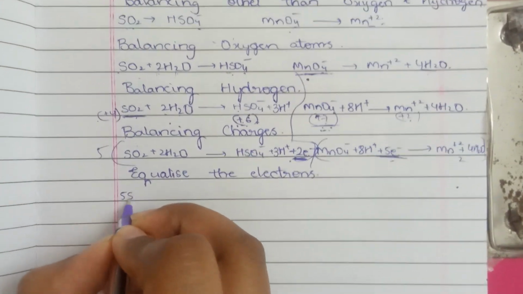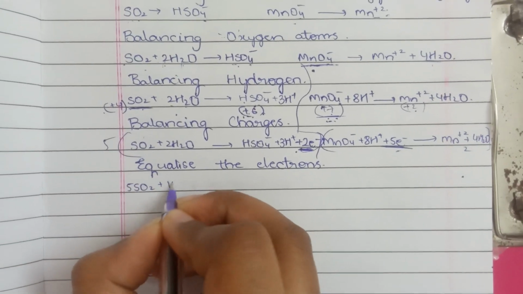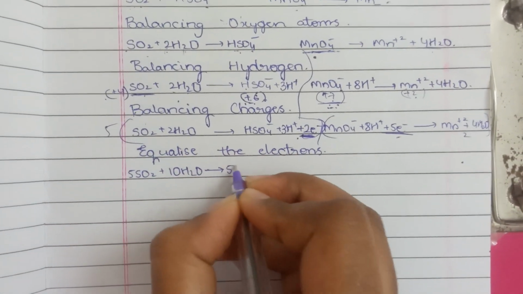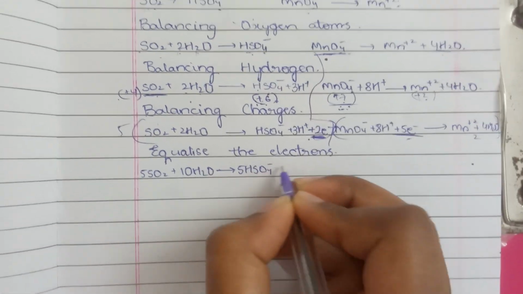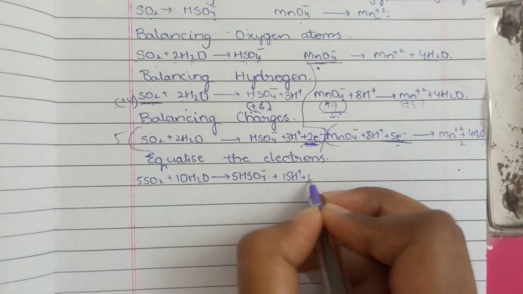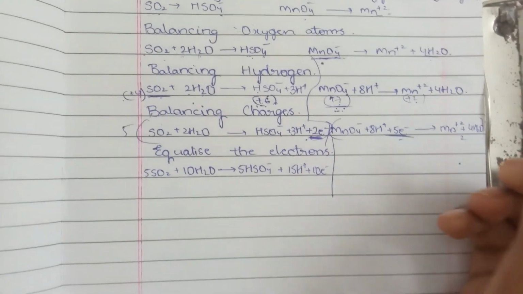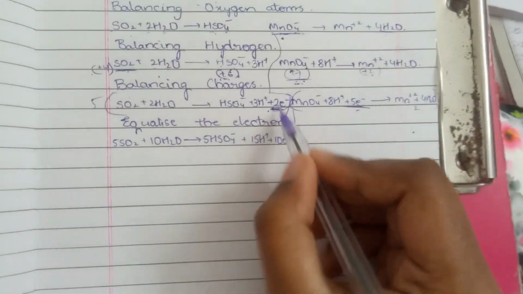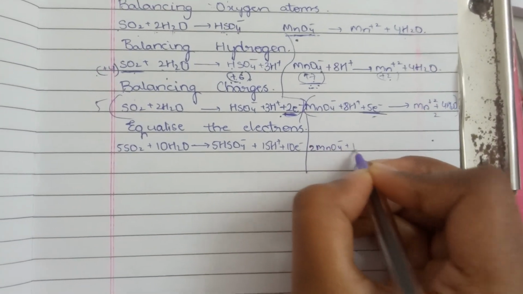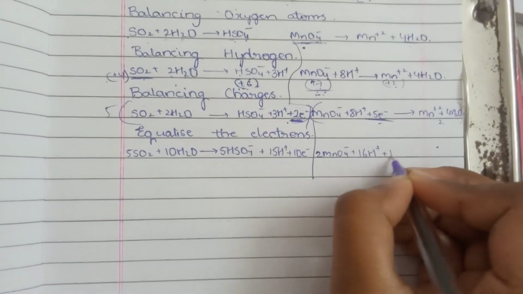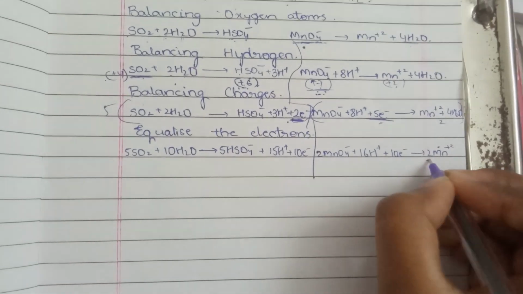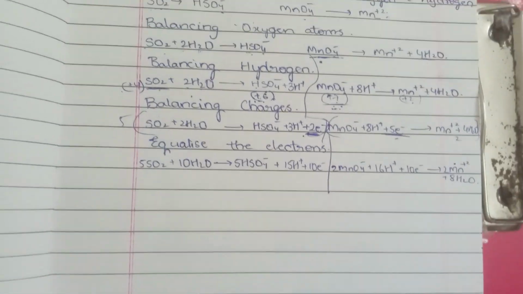So it will become 5 SO2 plus 5 2s are 10 H2O gives rise to 5 HSO4 minus plus 3 5s are 15 H+ plus 5 2s are 10 electrons. And here multiply this one by 2. 2 MnO4 minus plus 2 8s are 16 H+ plus 2 5s are 10 electrons gives 2 Mn+2 plus 4 2s are 8 H2O.